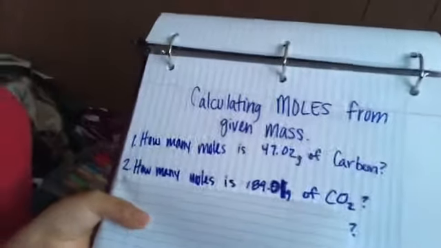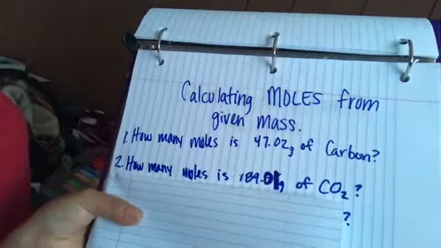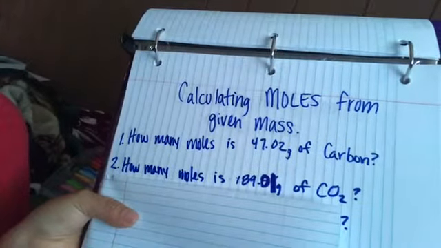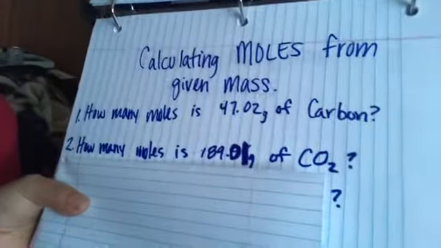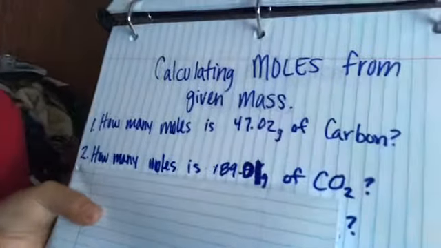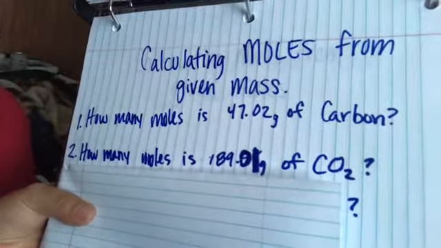So like before, we will have to find out how many moles are in carbon and also oxygen. And since it's 2 oxygens, we would have to multiply the moles in oxygen times 2. So we have here the problem.